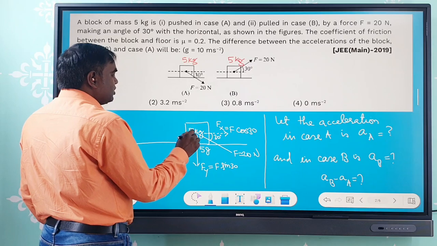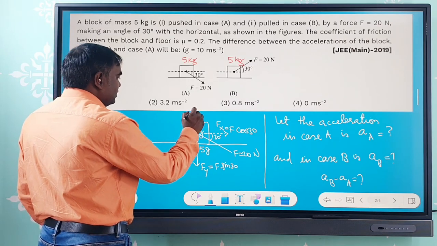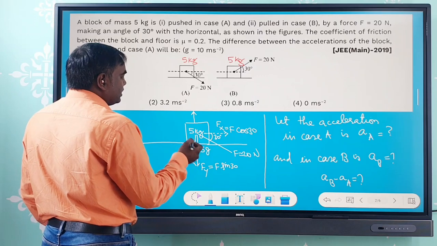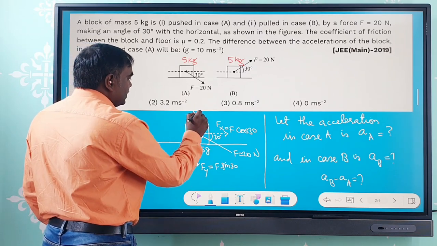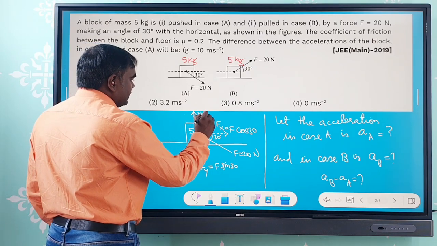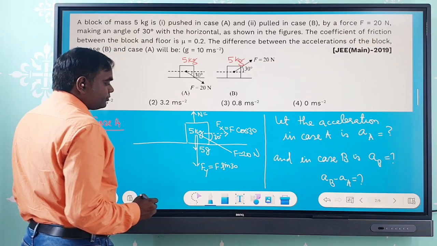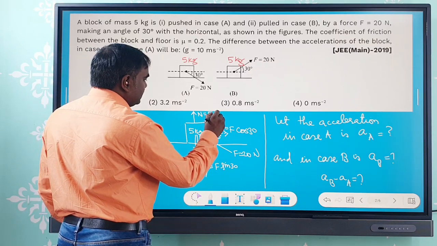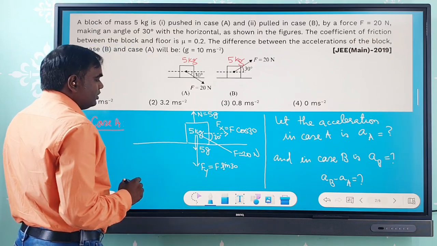and due to this block, the normal reaction acting on this block from the horizontal surface is upward, that is N, and this N is equal to 5g, right?